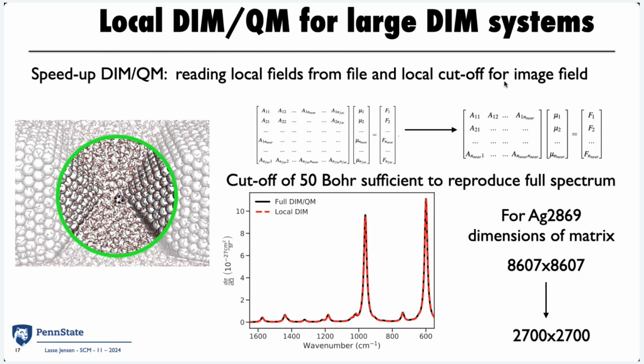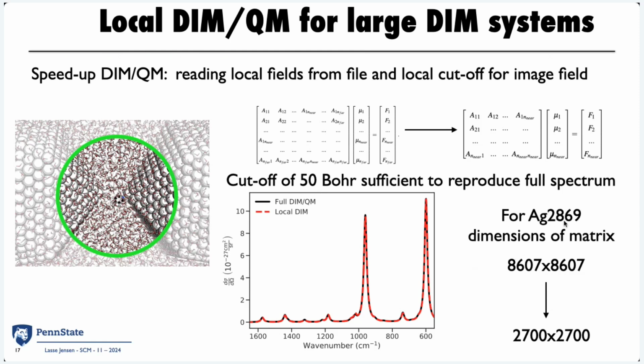And the second thing we've done is introduced what we call local DIM for the image field effect. It's basically just a hard cutoff, considering all dipoles within a certain radius of the center of mass of the molecule. And we can show that if we use a fairly generous cutoff radius of 50 Bohr, we can reproduce the full spectrum of these molecules. But it actually reduces the dimensions of the system drastically.